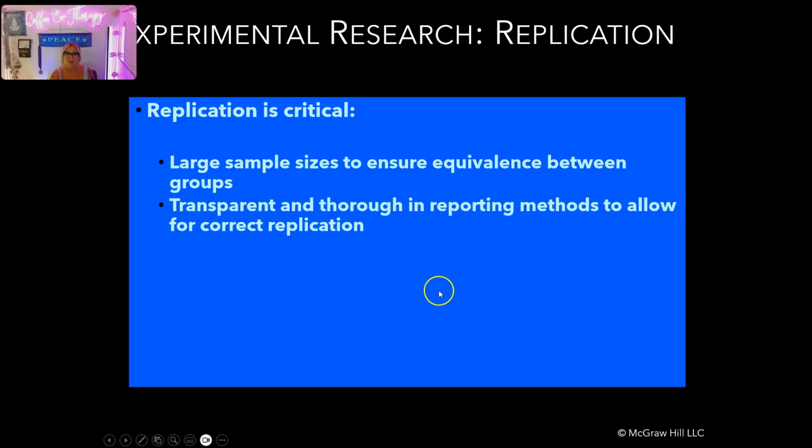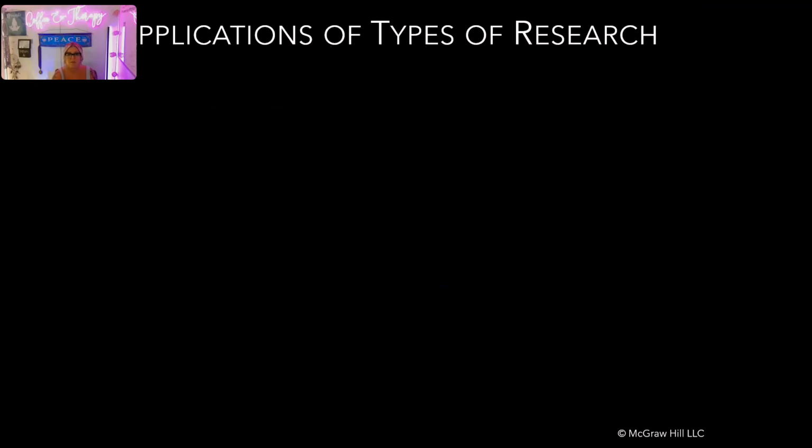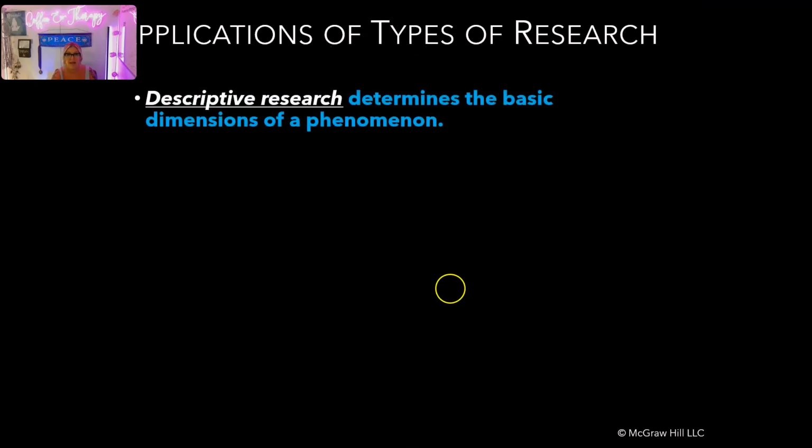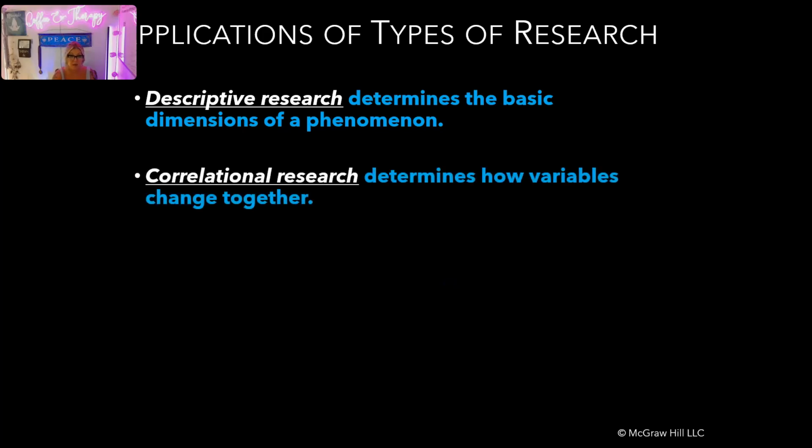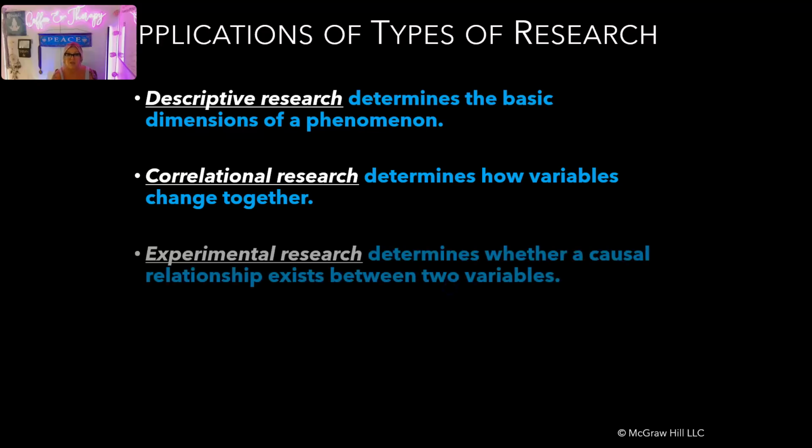All right, replication is crucial. Large sample sizes to ensure equivalence between groups, transparent and thorough in reporting methods to allow for correct replication. All right, descriptive research determines the basic dimensions of a phenomenon. Correlational research determines how variables change together.